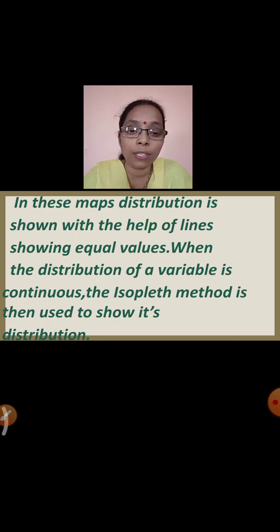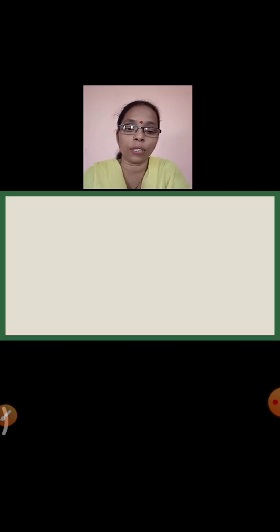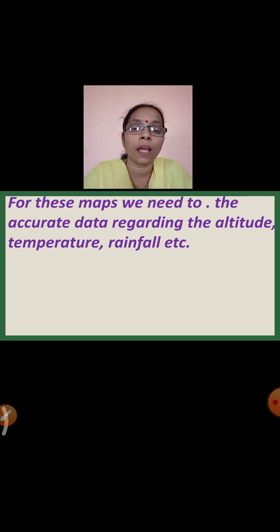So when the distribution is continuous, then the isopleth method is used to draw the distributional map. Now, what do we require for these maps?